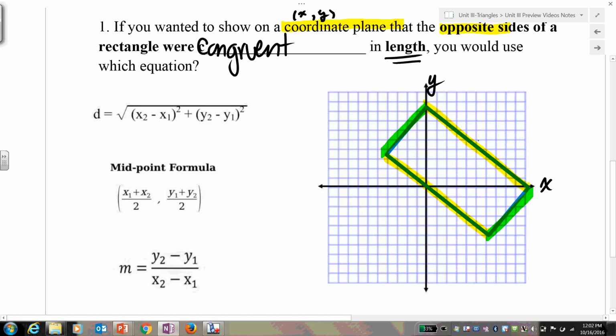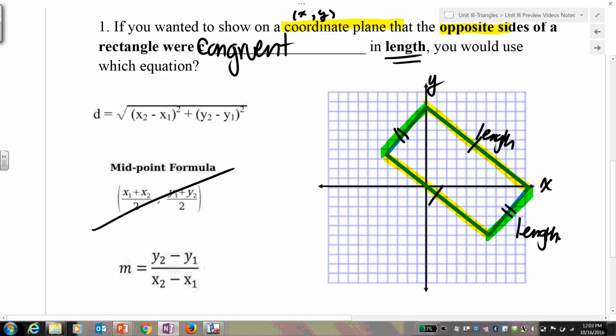In other words, I wanted to show that this side is congruent to that side in length, and that this side was congruent to this side in length. Choose. Would I use distance, midpoint, or slope? 5, 4, 3, 2, 1.